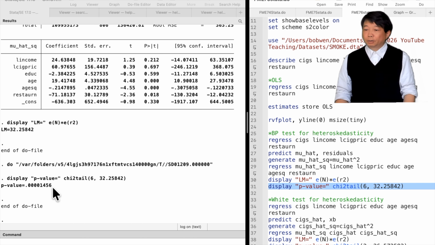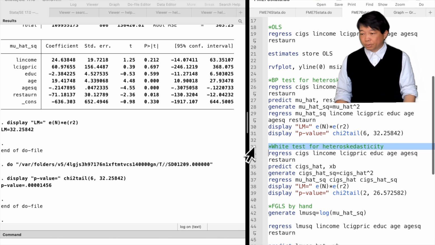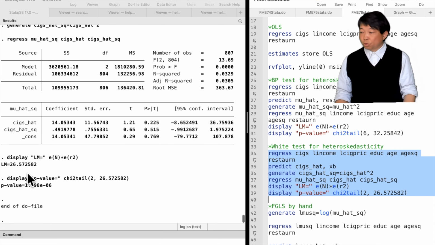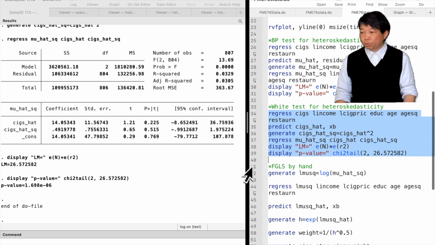We reject the homoskedasticity hypothesis. The White test gives the same conclusion. It provides stronger evidence of heteroskedasticity. The p-value for the LM statistic in the White test equals 0 to 5 decimal places. Therefore, we estimate the model using feasible GLS.